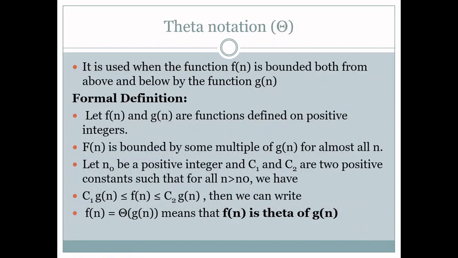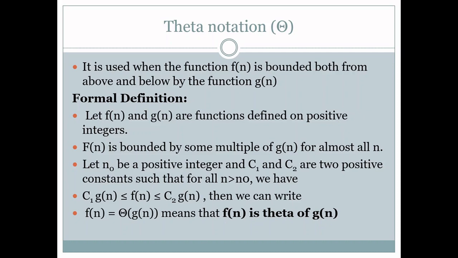And the third notation is theta notation, which is represented using the symbol theta. It is used when the function f of n is bounded both from above and below by the function g of n. That can be considered as an average case. That is, it is between the lower bound and the upper bound.